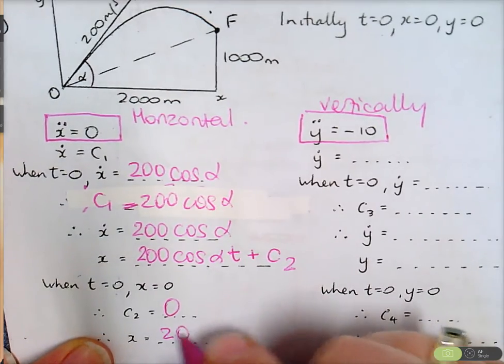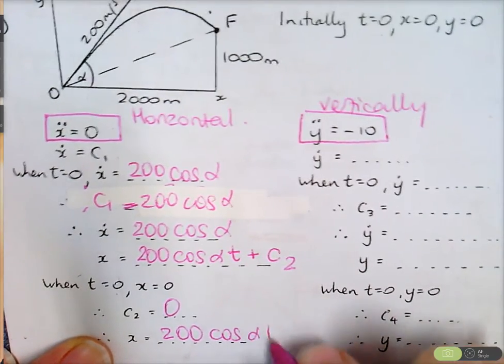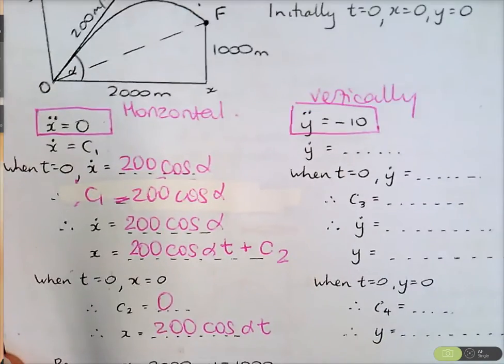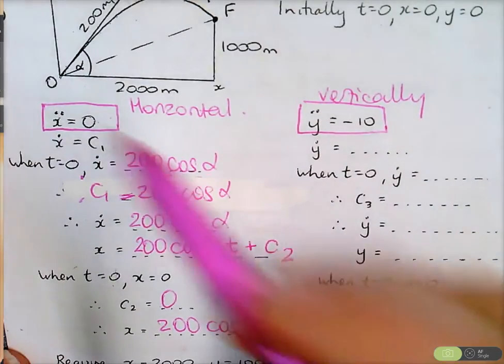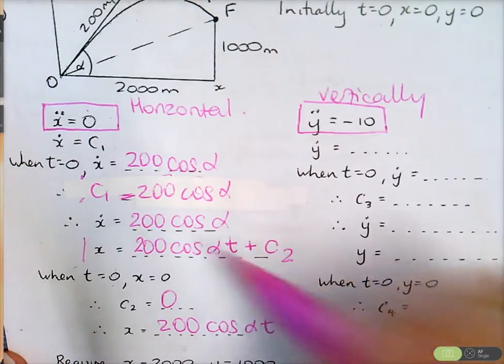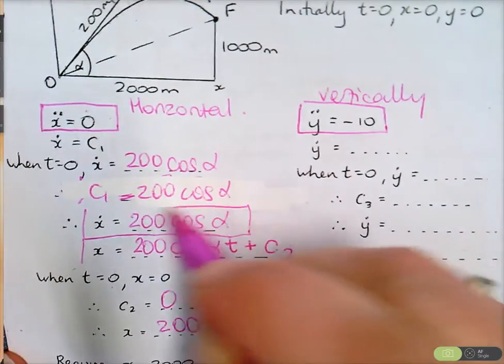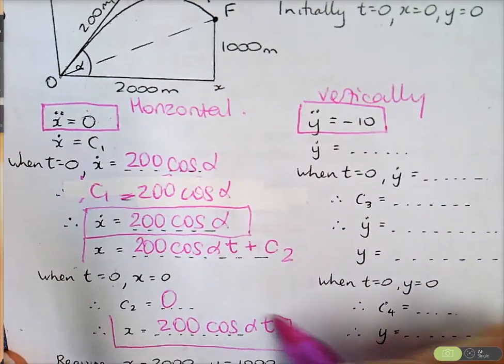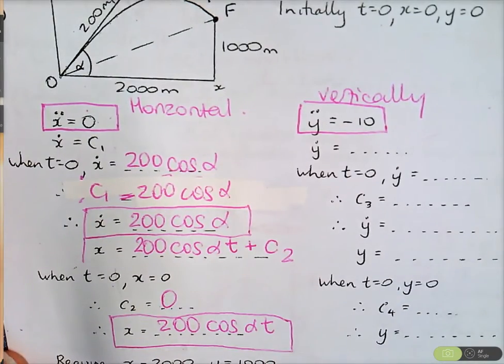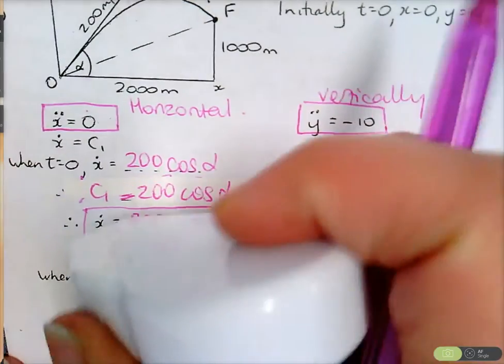Therefore x is 200 cos alpha t. So that's horizontal. We've got three equations of motion, all right? The three equations of motion.